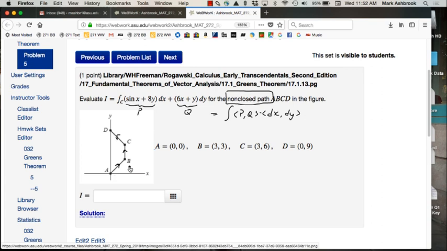Since this is the WebWork on Green's theorem, maybe it has to do with Green's theorem, which is not mentioned here, but you have this added bonus. So let's write out what Green's theorem is. Green's theorem says that the circulation line integral, and what kind of thing is C?